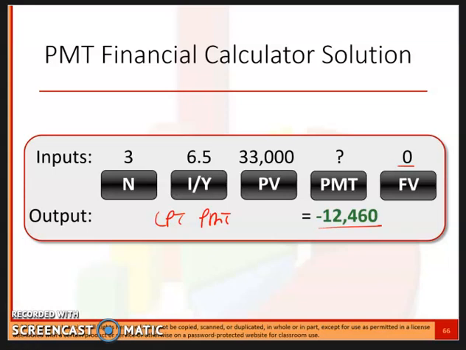If we were to do this as a monthly payment, for example, our N would be 3 times 12, or 36. IY would be 6.5 divided by 12, that's 0.54. The present value is still the 33,000, and then 0 future value.